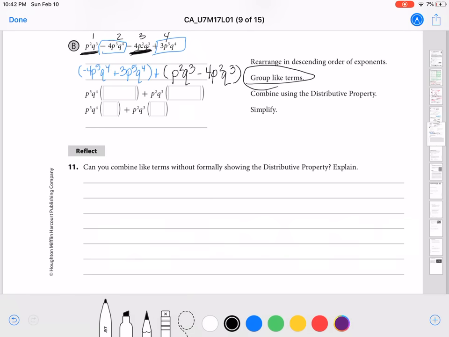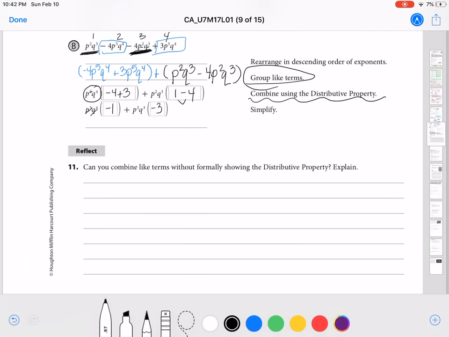So now that we have our p to the 5th, q to the 4th, we have negative 4 plus 3, and we have 1 minus 4, okay? So we're using the distributive property. So we have p to the 5th, q to the 4th, to the negative 1. And then if we add these or subtract these, 1 minus 4 is going to give us negative 3.